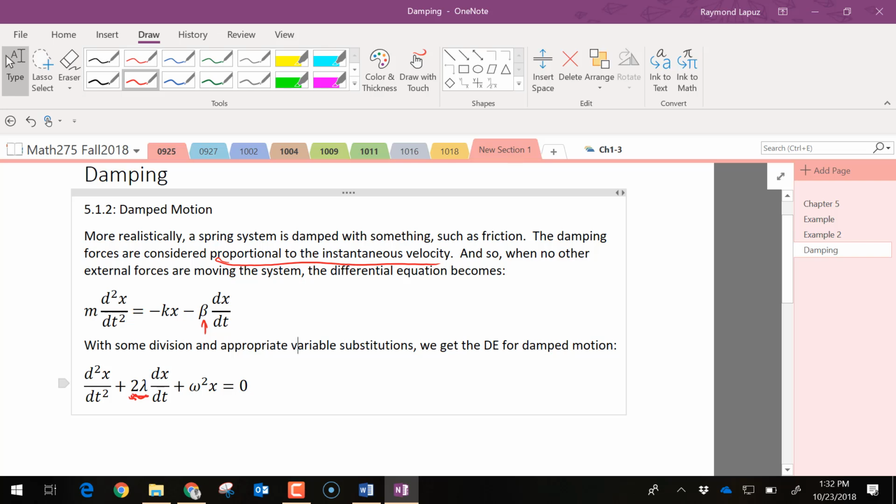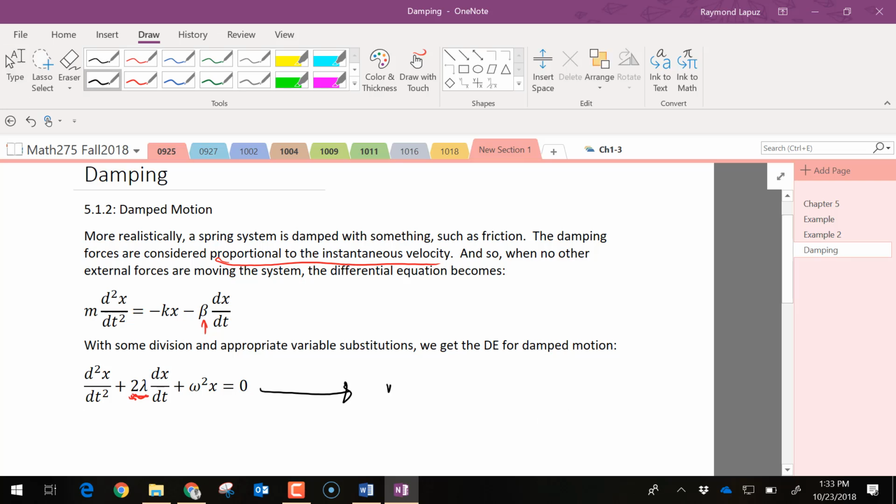they wrote it as 2 lambda because remember when we solve for these differential equations, we're interested to know what happens. We assume that your solution is going to be e to the some power, right? And then we figure out the coefficient of that power as being the solution to our auxiliary equation.